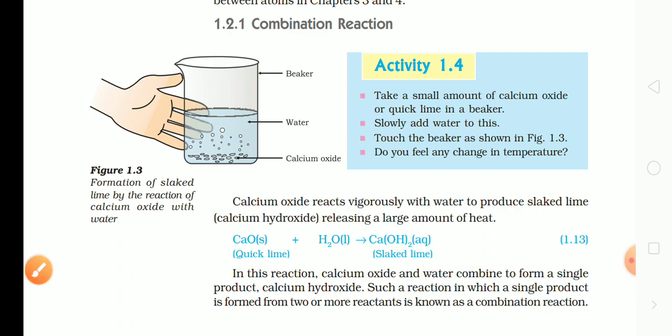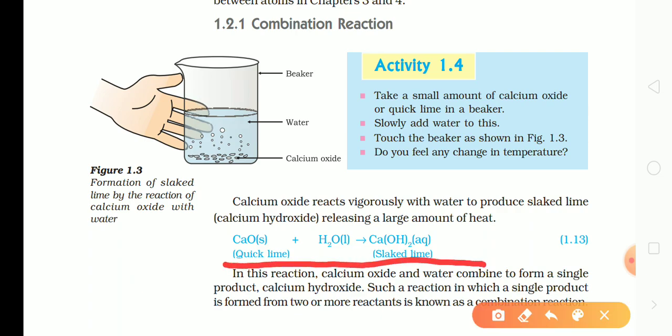You can see CaO plus H2O gives Ca(OH)2. So you have to study those things. CaO, calcium oxide, is known as quicklime, and when it is mixed with water, it is converted to slaked lime or calcium hydroxide, and this process is called slaking of lime. What is that name?